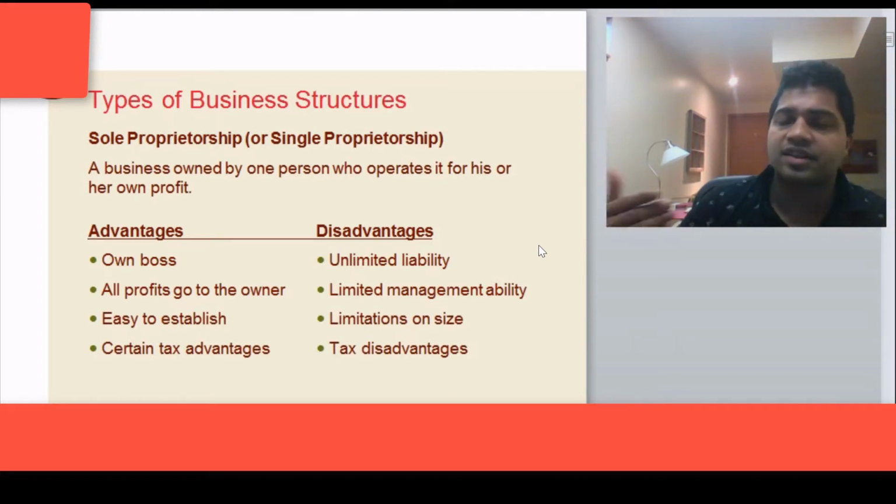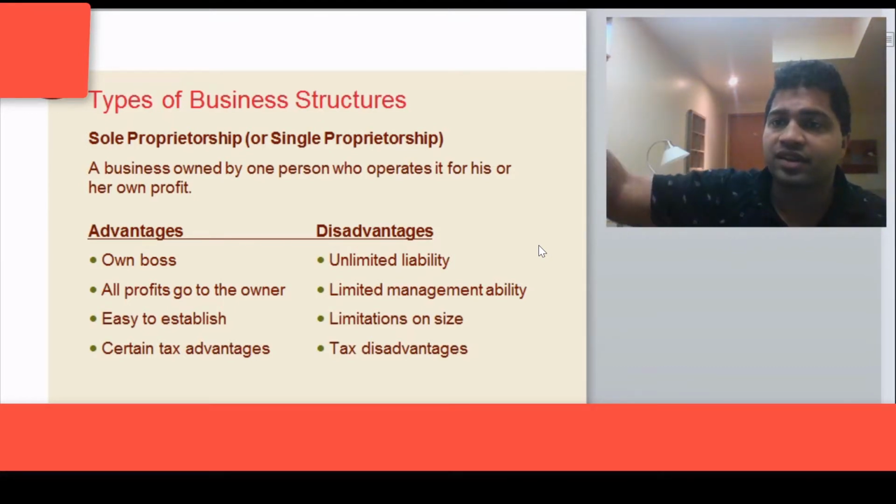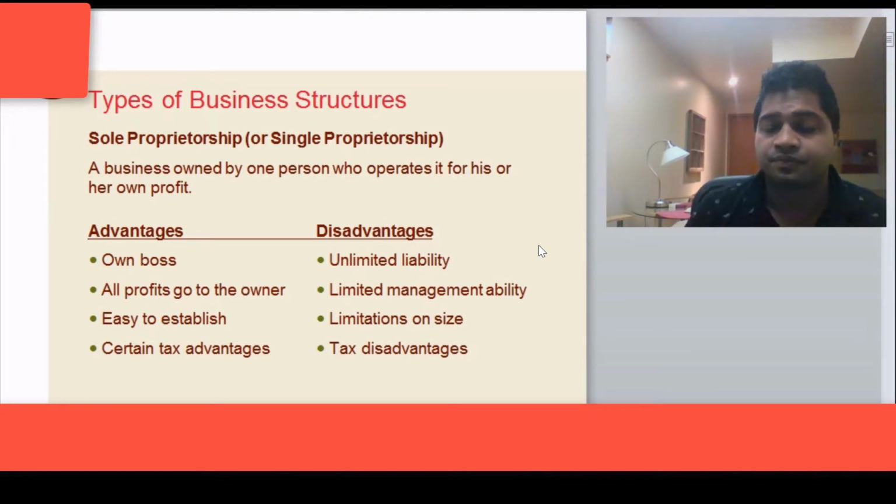For example, there is no double taxation when you start a sole proprietorship. For example, if I am an investor in Apple, whatever profits Apple makes, it has to pay tax on. Then whatever it distributes to me as dividends, I have to pay tax on. So I am taxed twice, once on the profit that the company makes, then on the profit that the company shares.